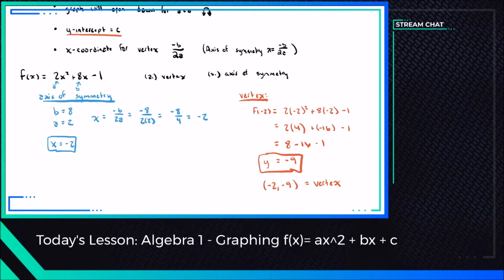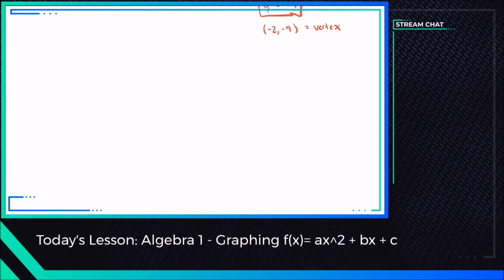So why don't we go ahead and graph the following: f of x is equal to 3x squared minus 6x plus 5. Our first step is to find our axis of symmetry.